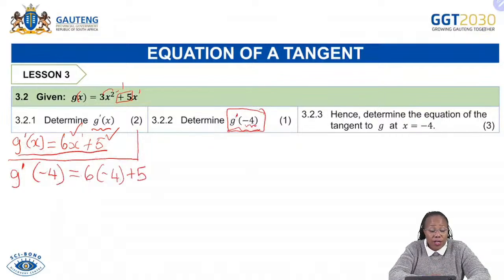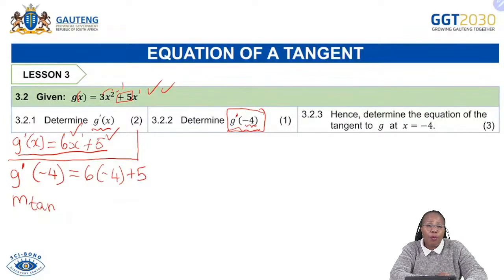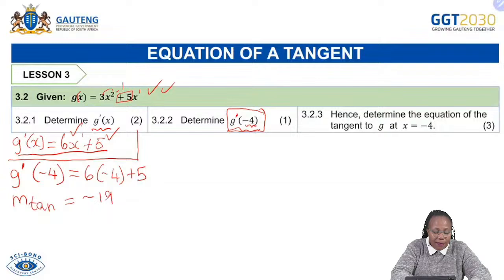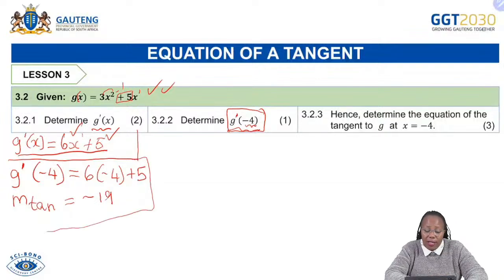By so doing, great job, deriving and substituting the x value at a certain point, you are looking at the gradient of a tangent to this particular function that was given to you at the point of contact. At that point of contact, x is equal to minus 4. Then the value that we'll be getting here will be the value of your gradient, which is minus 19 for that equation of a tangent. Then this is 1 mark for minus 19.